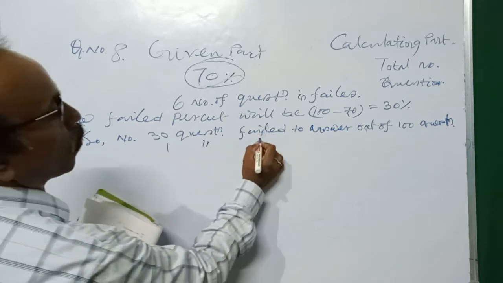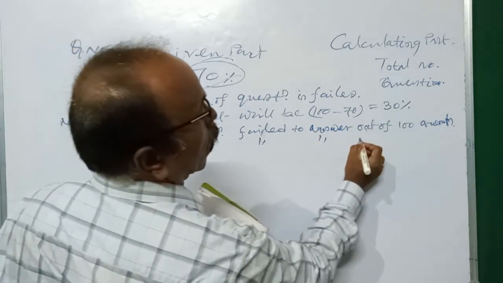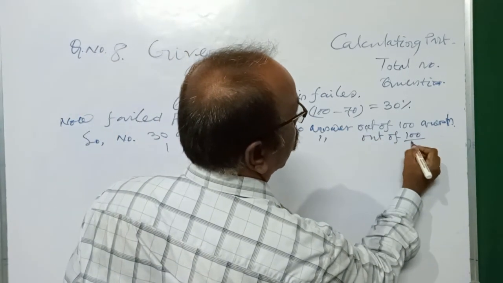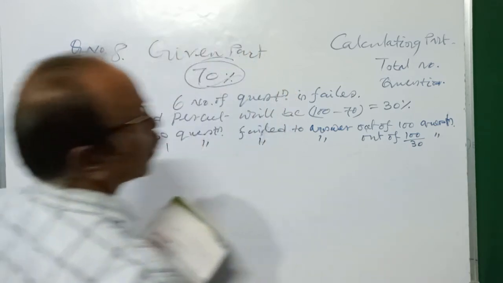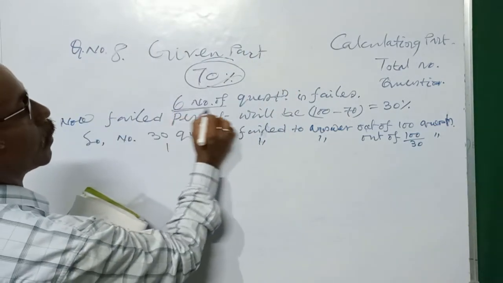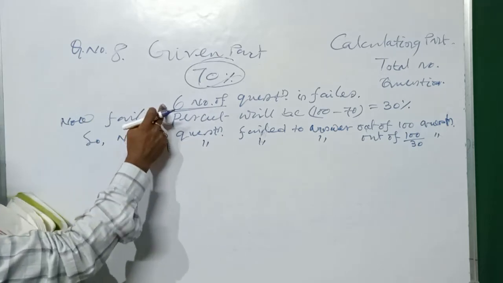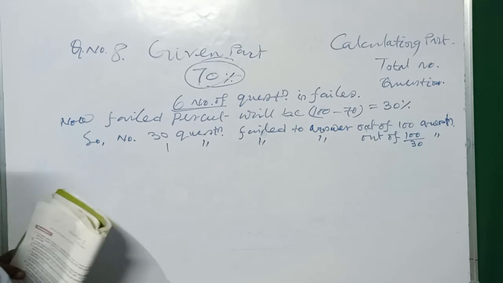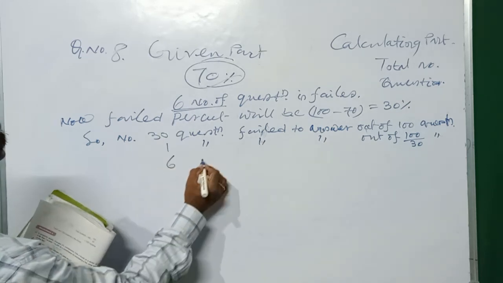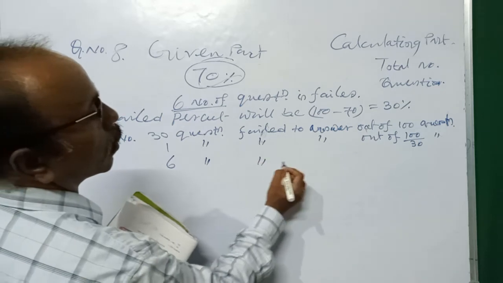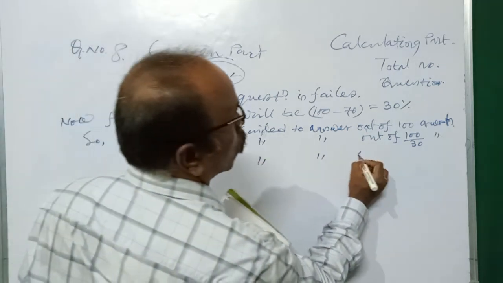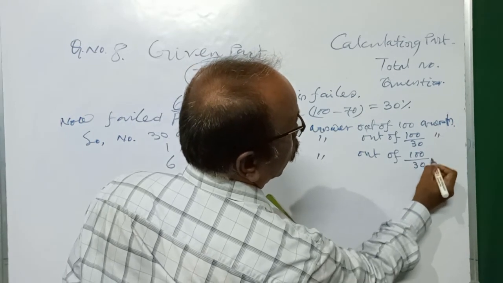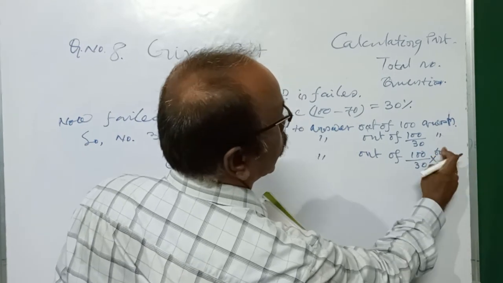One question failed to answer out of 100 divided by 30 questions. But he failed number of 6. You see, my dear student, it is the reason to calculate the required answer. 6 questions failed to answer out of 100 divided by 30 into 6.